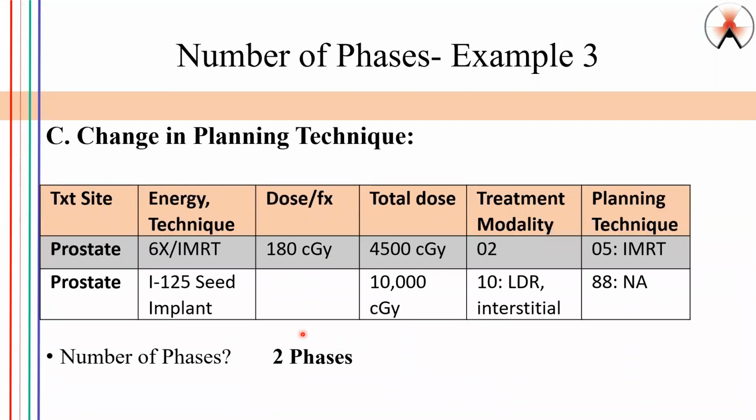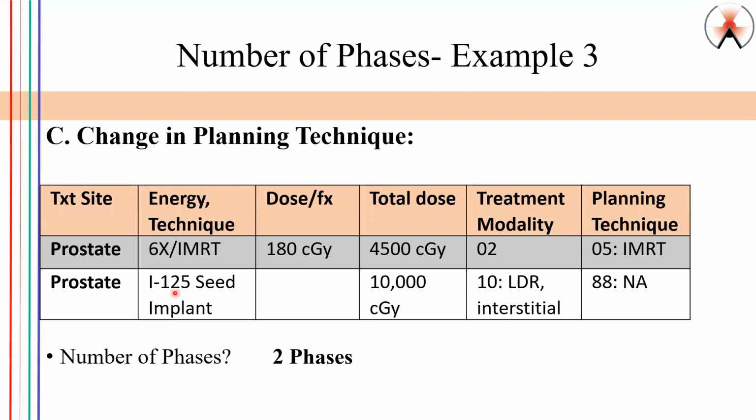Changing planning technique. Again, these are real life case scenarios. The patient is being irradiated to the prostate using external beam radiotherapy, IMRT technique, followed by LDR brachytherapy. LDR because it's the iodine 125 seeds.